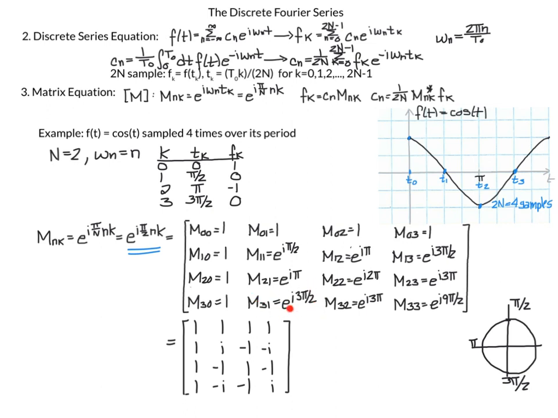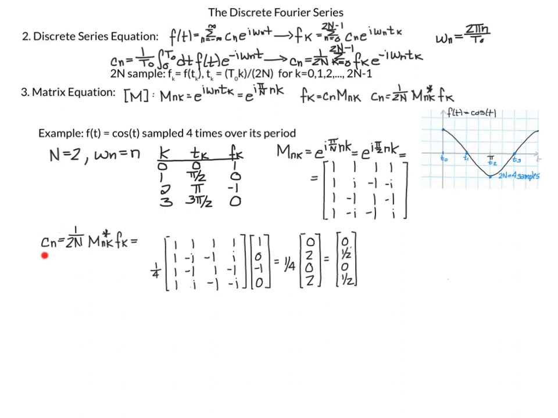M32, 3 pi over 2, again that's -i. M32, 3 pi, again, 2 pi radians brings us back, and then 3 pi radians gives us -1. And M33, 9 halves, so we go 1 half, we're here at i, 2 halves, we're at pi, 3 halves, we're at -i, 4 halves, we're back at pi, 5, 6, 7, 8, 9, so by 9 we're back at i.